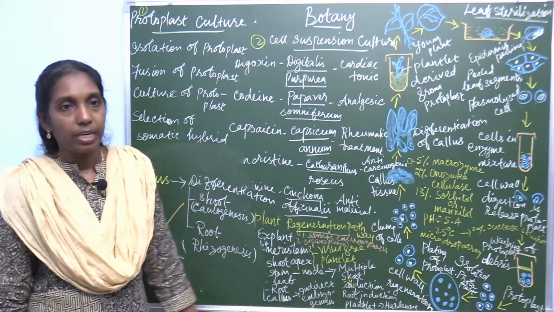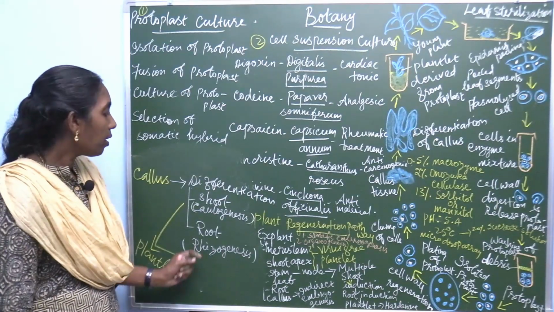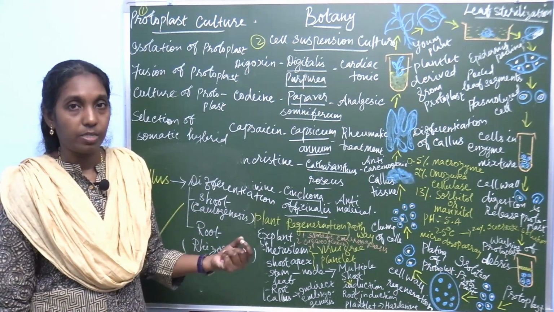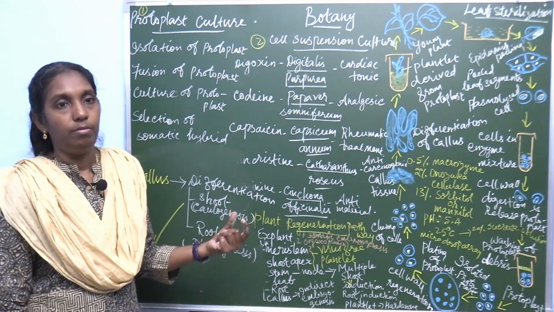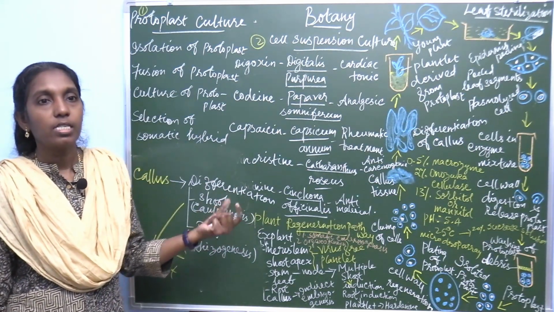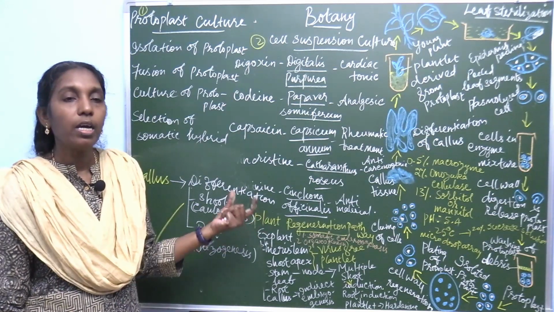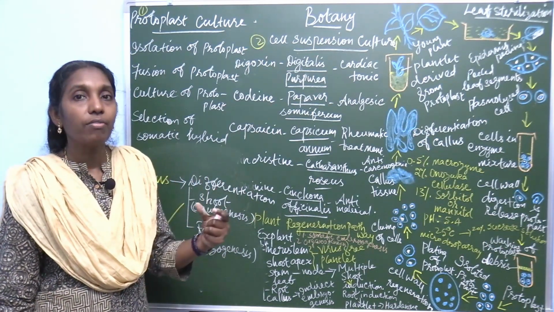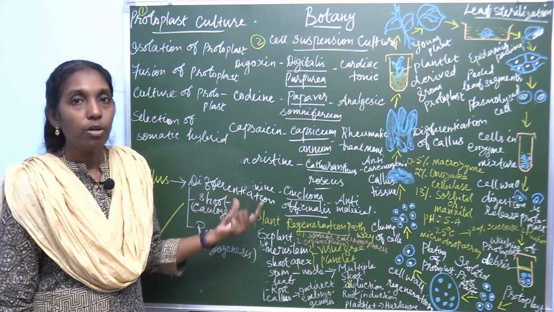Then somatic embryos can be developed, or synseeds or artificial seeds can be produced by this. This is used for conservation of biodiversity.